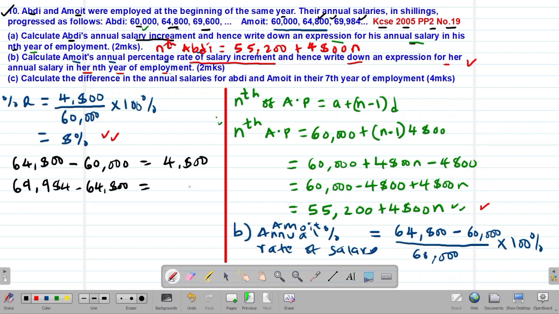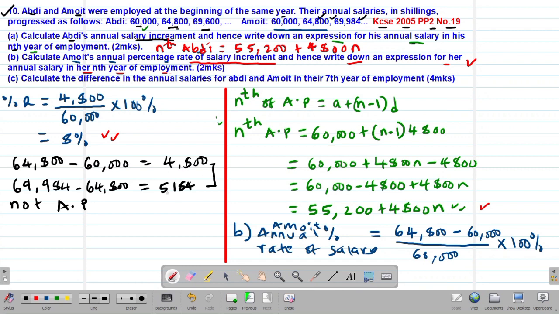If I subtract these two, I get 5,184. So clearly there is no common difference. Therefore it is not an AP since it does not have a common difference.